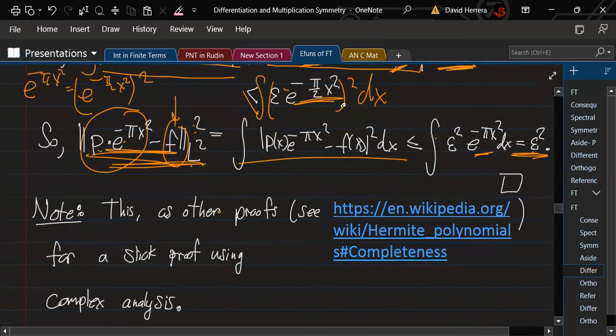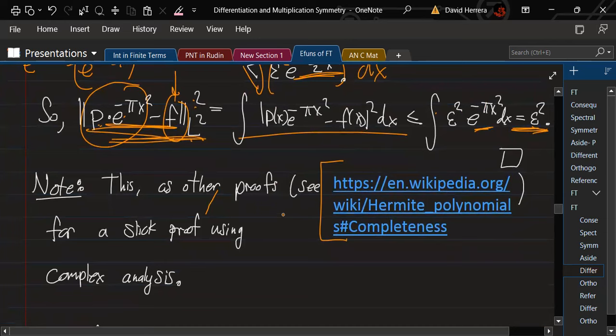So note there are other proofs. There's a slick proof using complex analysis on the Wikipedia page for Hermite polynomials. Basically it involves taking some kind of function f that's in L2, and you assume that f is orthogonal to V, that subspace that I made. It's orthogonal to all the polynomials times Gaussian.